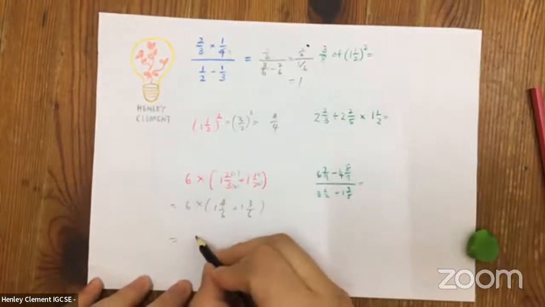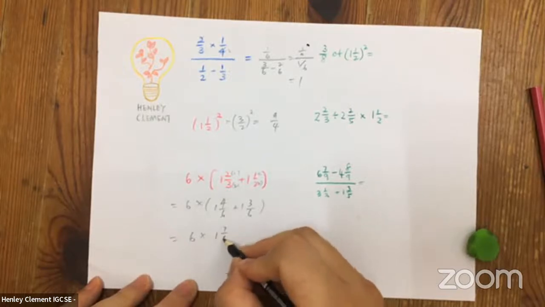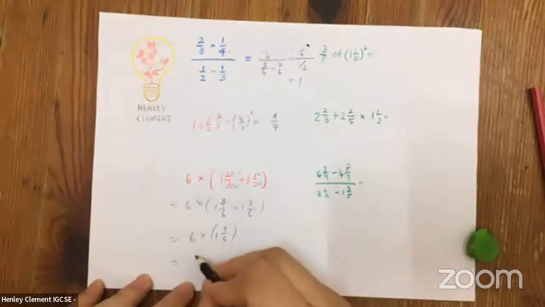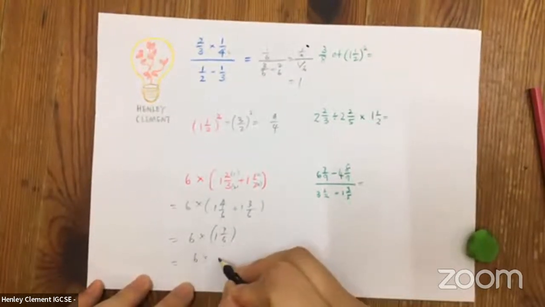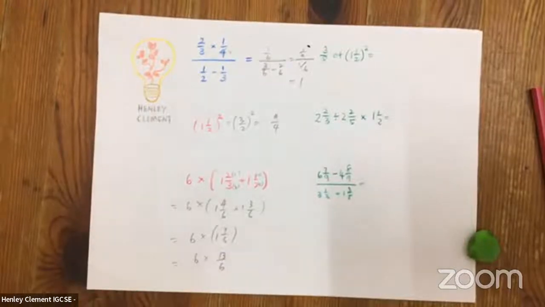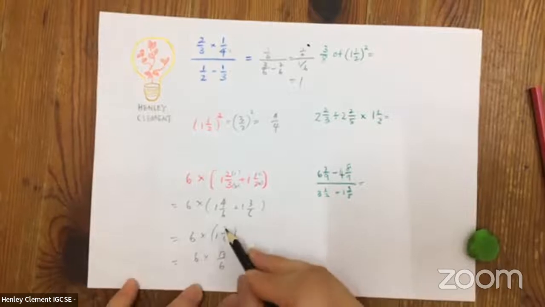So this is 6 times 1 and 7, 6. Okay. So I can make it, okay, 6 times 13, 6. Okay. 6, 13, 6. Okay.